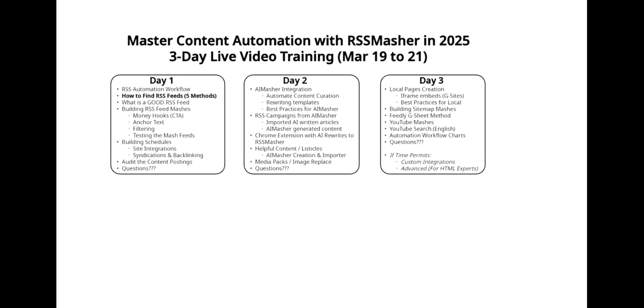Okay. And if we've got time, we're going to do automation workflow charts. This is just more of a strategy guide right here. But what I want you to be able to do is go, I want to do a certain thing, I want to know how to do it with a little visual representation.